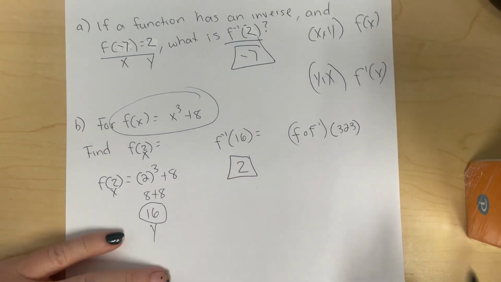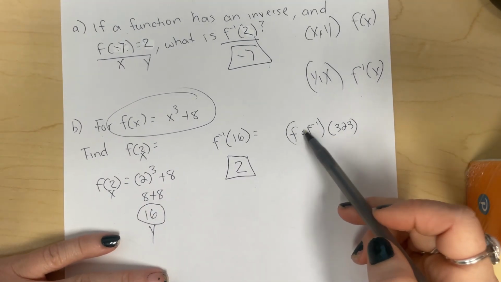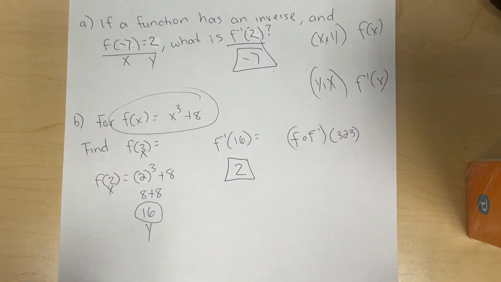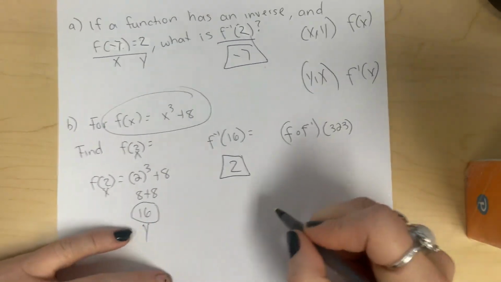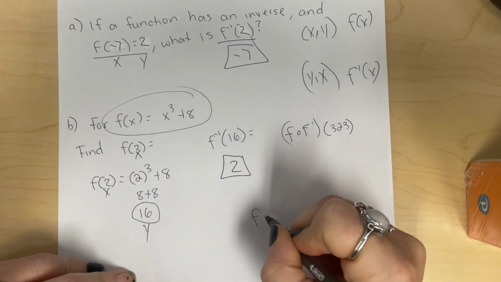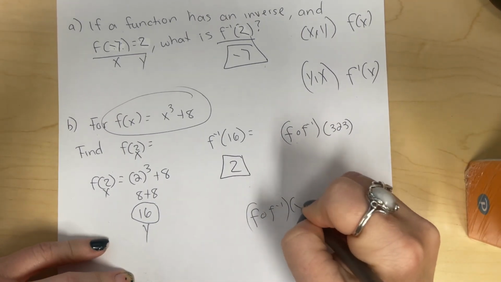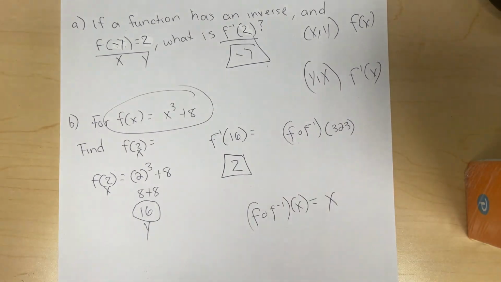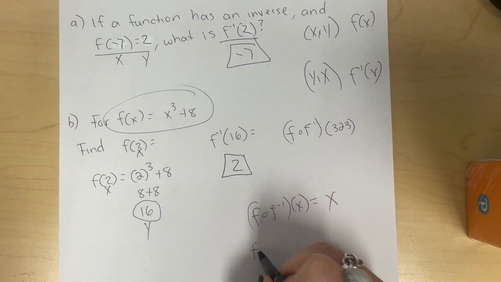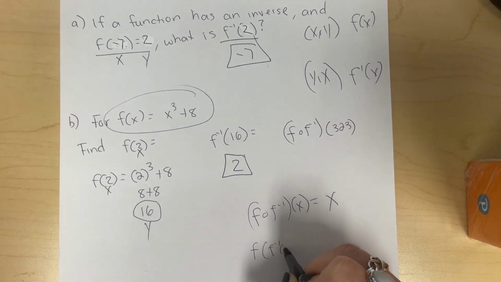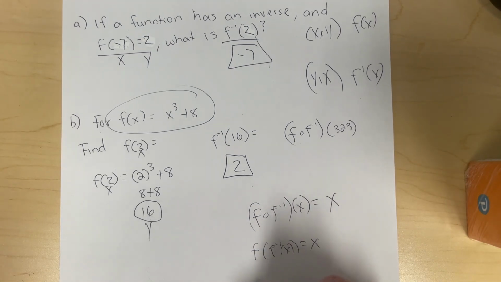In order to simplify the last one, f composition f inverse of 323, there is a definition that says if we do a composition here, f composition of f inverse of x, this equals x. If we take f and plug in f inverse, we should get an x.